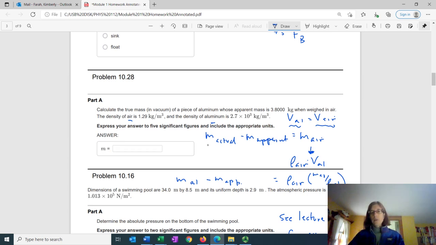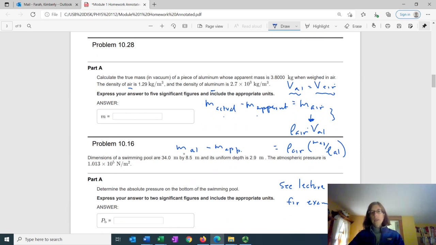And we also know that the actual mass of the aluminum minus the apparent mass should equal the mass of the air. Using that, and then again, going back to our density equation, if you know the density of the air and the mass of the air, then you can calculate the volume of the air.